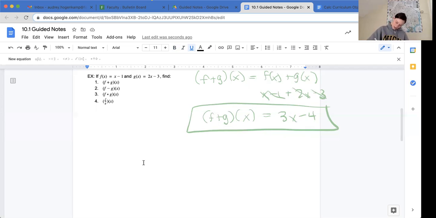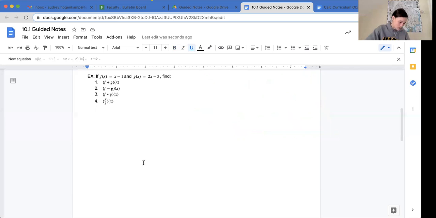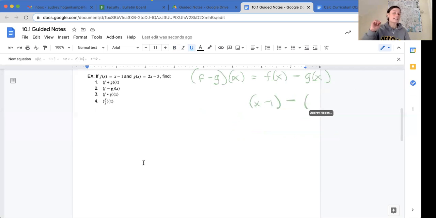All right, let's do number 2. So number 2 asks us for f minus g of x, which we know is going to be f of x minus g of x. So we know that f of x is x minus 1. And be careful here because we're subtracting the entire quantity g of x. So we're subtracting the entire quantity 2x minus 3, which means we are going to have to distribute that negative.